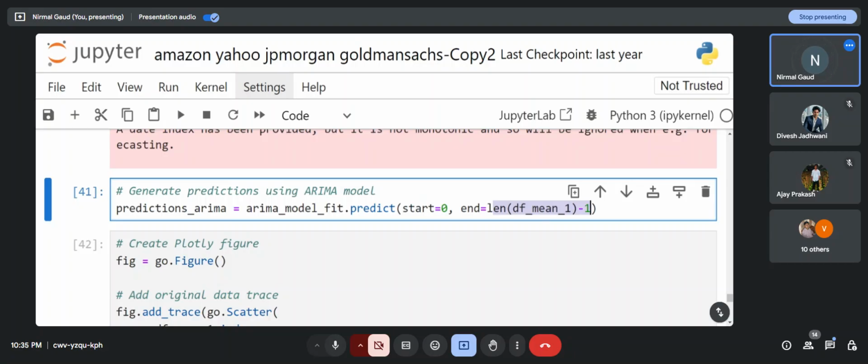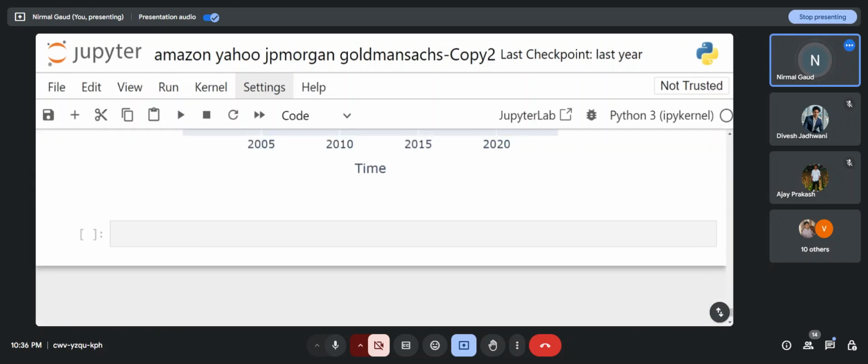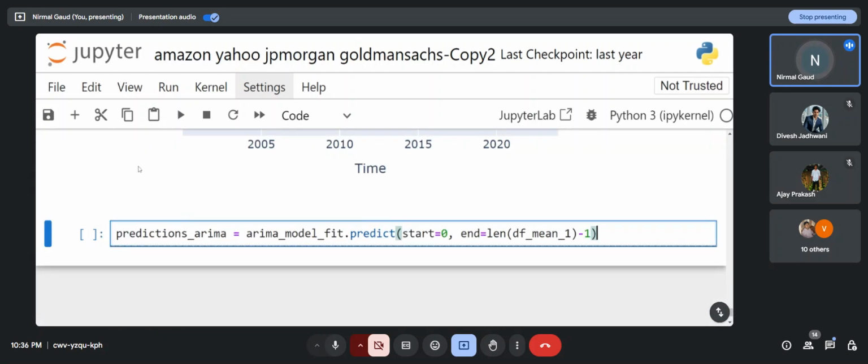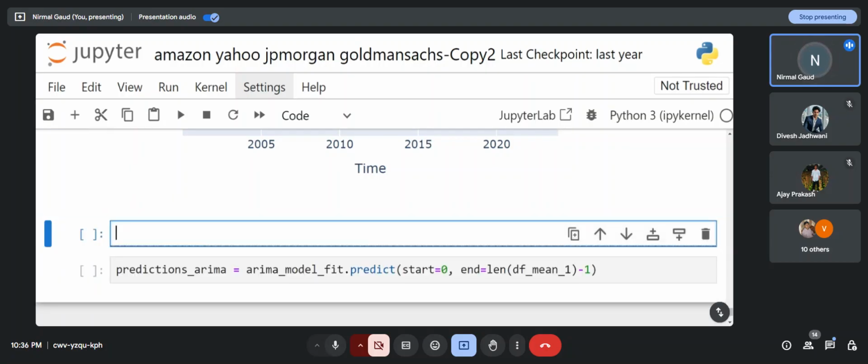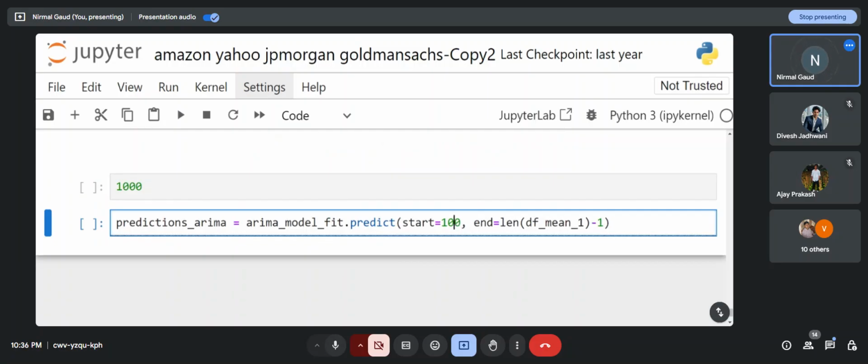I will share the reference. If not, I will tell you from my side. So here I took start to length of the data frame. Instead, I will not take this. For example, the length of my data frame is 1000. So now I will start from 1001.